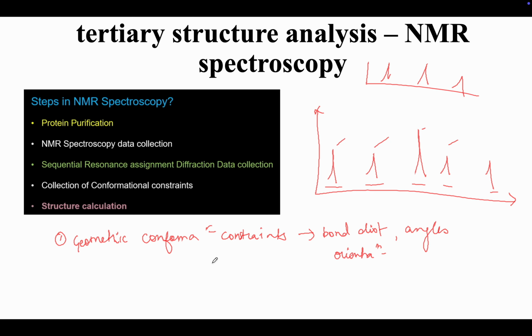It is very important that they satisfy the bond lengths and dihedral angles. So after solving the structure and assigning all the chemical shifts, we need to satisfy the bond lengths and the dihedral angles. We can also validate it by using the Ramachandran plot again.